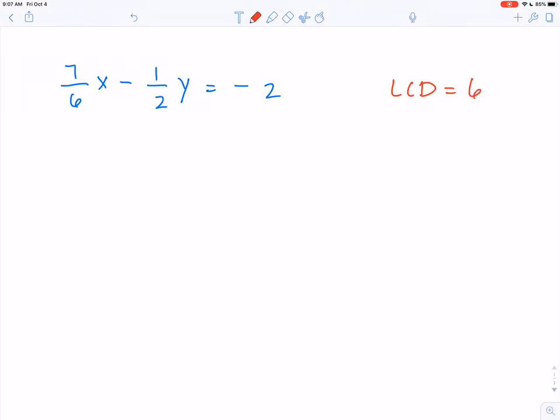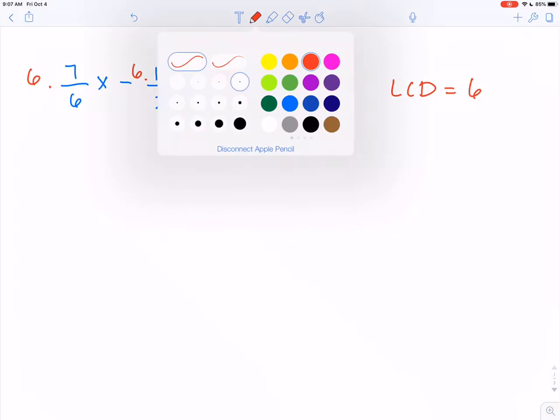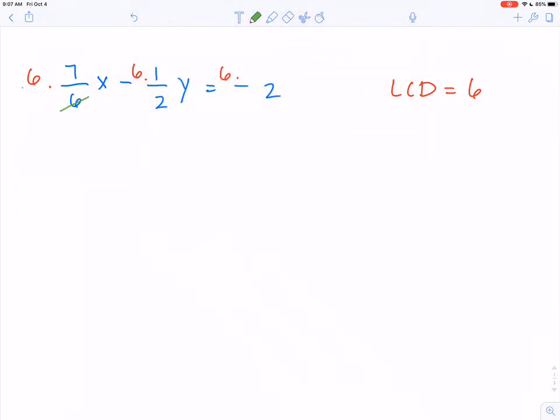My least common denominator or my least common multiple would be 6. I'm going to multiply that through to get rid of my denominators. This will become 7x minus 3y, and 6 times negative 2 is negative 12.